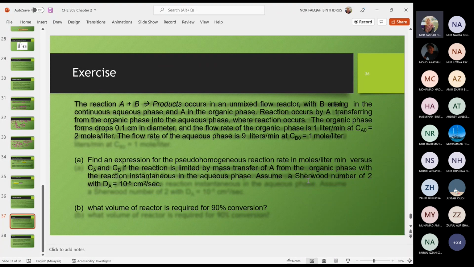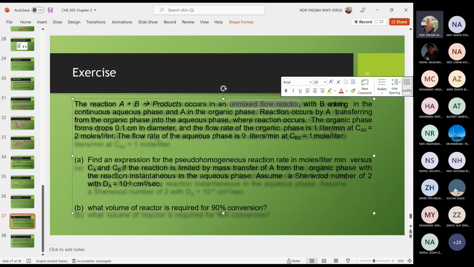So how to answer this question? Because it only asks for an expression. When it says unmixed flow reactor, we can model it as a PFR.